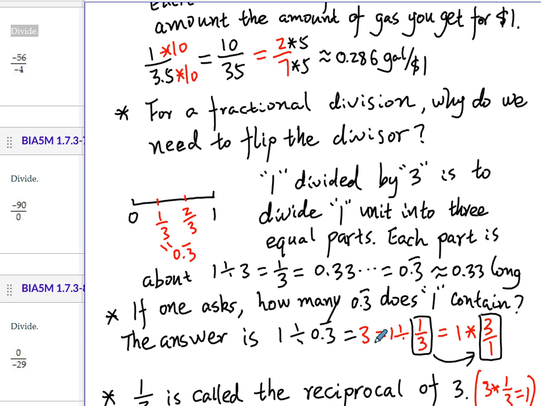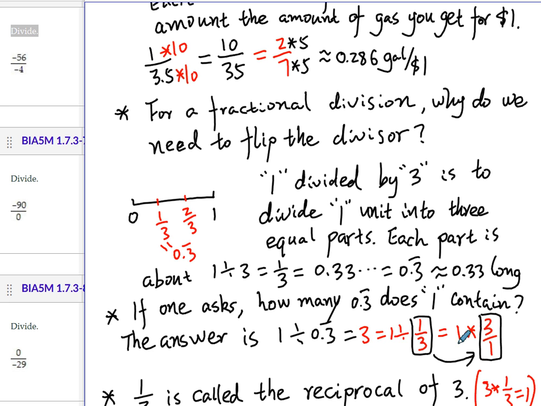So that's why we flip, because if you flip, 1 times 3 divided by 1, you get 3. So in 1 unit, how many 0.3 repeating, then you got 3.